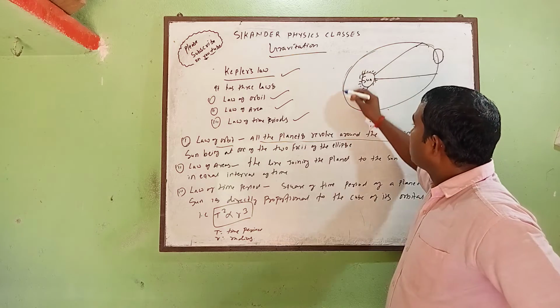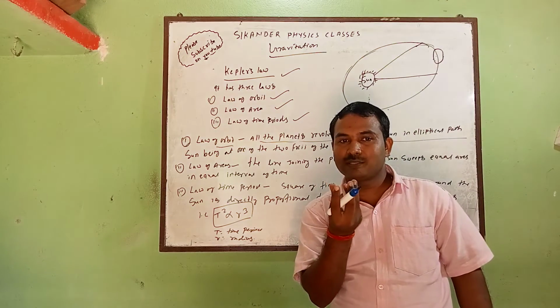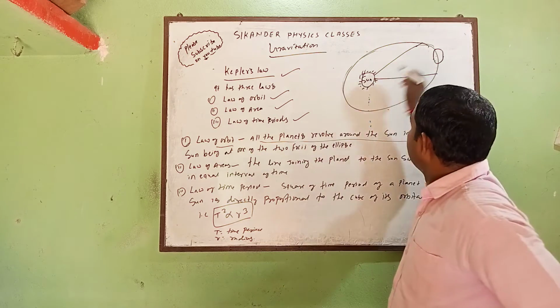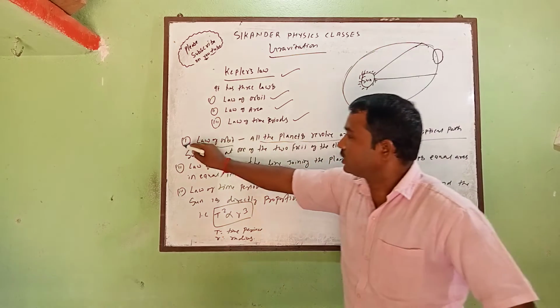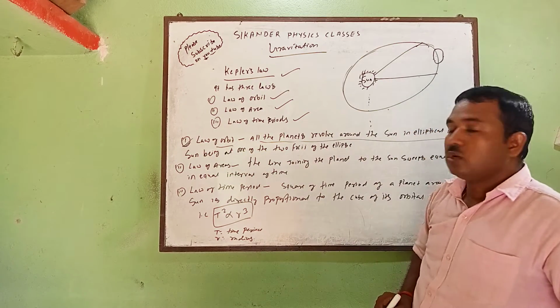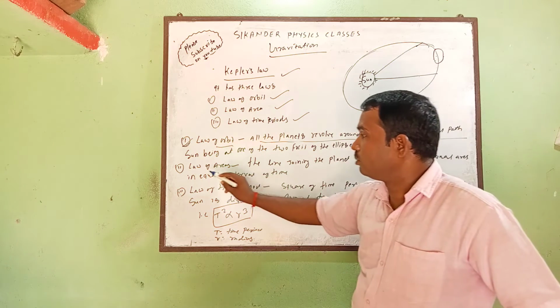It means all 8 planets move in elliptical paths and also rotate on their axes. So this first law represents that mostly all the planets move in circular or elliptical paths.